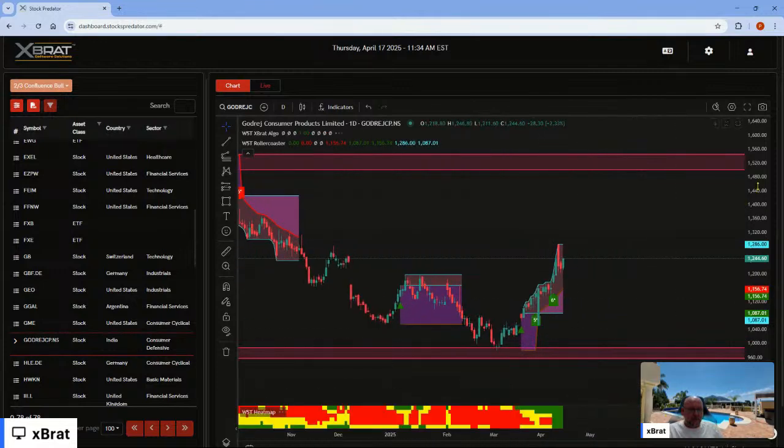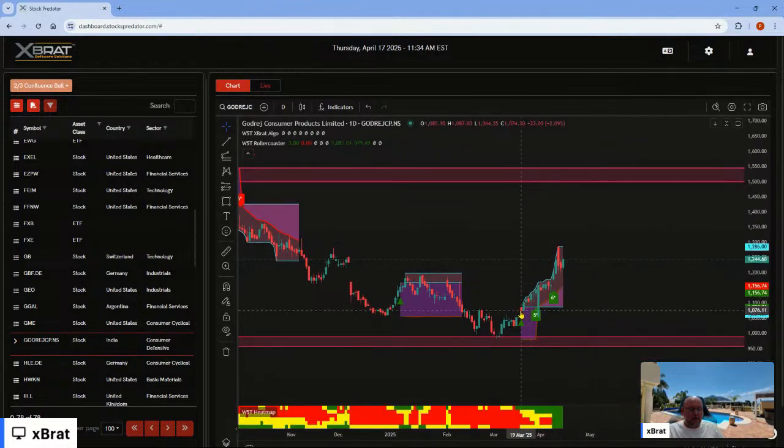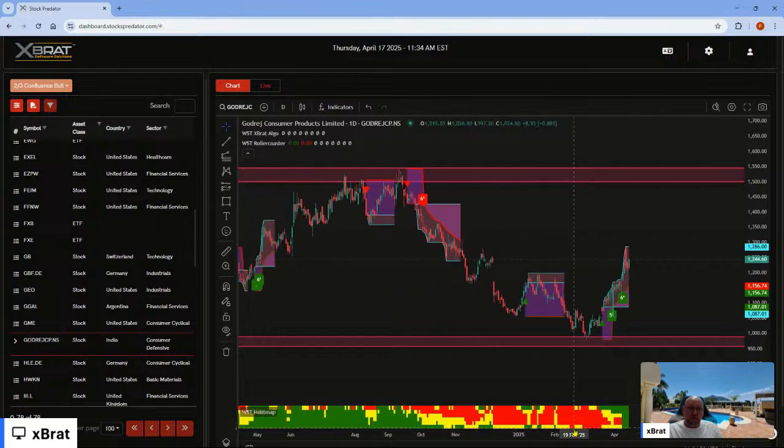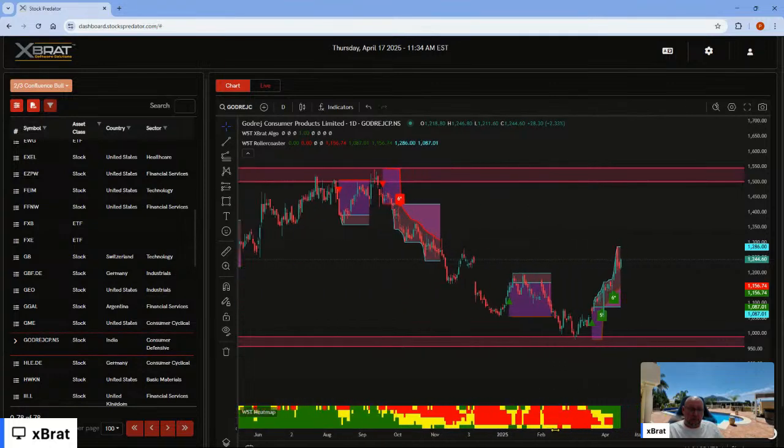I mean, the confluences were quite a while ago. You missed the opportunity in reality because the entry was at 1,203 rupees or whatever it is. But with a 1,500 target, it's still got some room to play. And that is a really good looking trade for those that look at the Indian stock market.